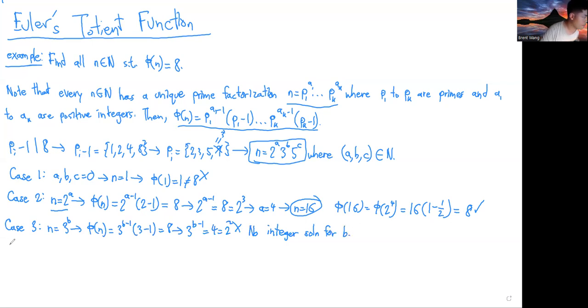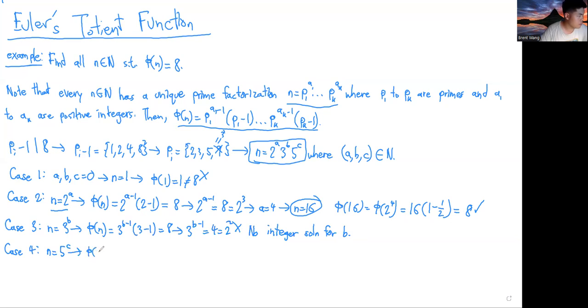Case 4. Oh god, I might run out of space here. Case 4 is n is equal to 5 to the power of c.